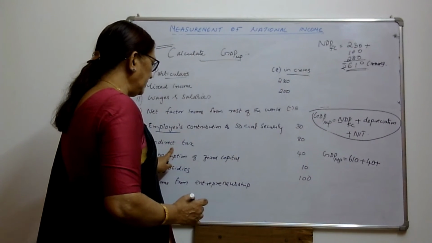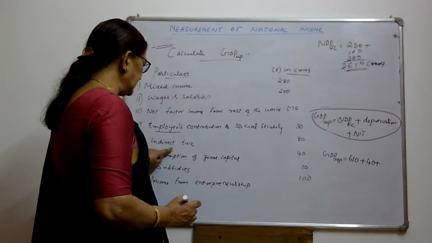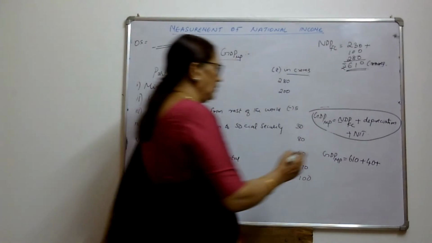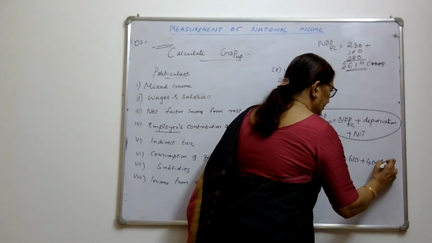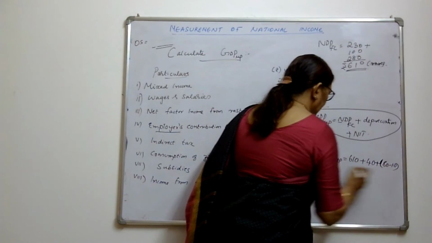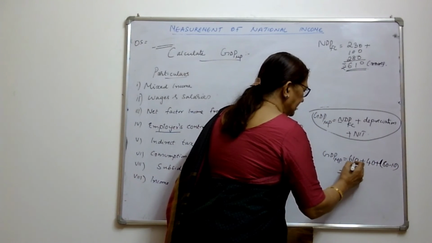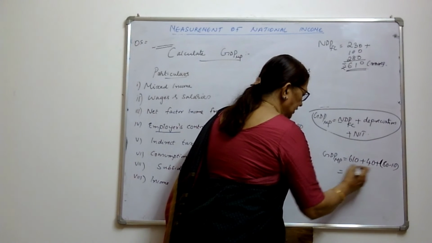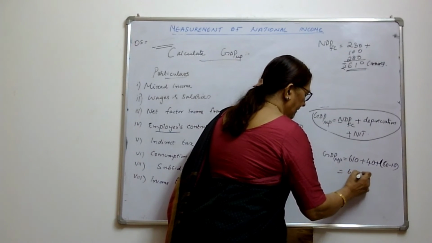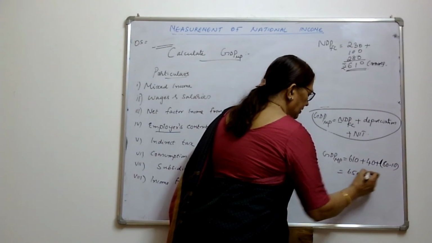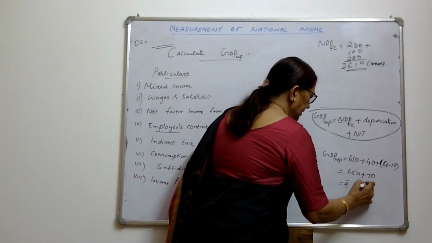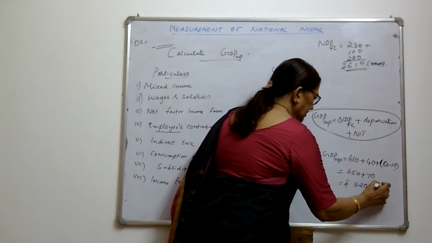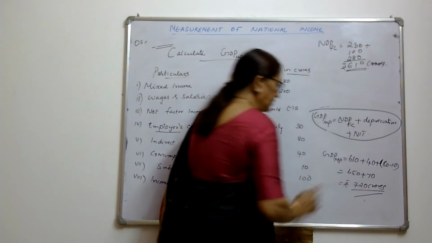Indirect tax is given as 80 and subsidy 10. So 80 minus 10 is equal to 610 plus 40, 650, plus 70, is equal to rupees 720 crores, which is GDP at market price.